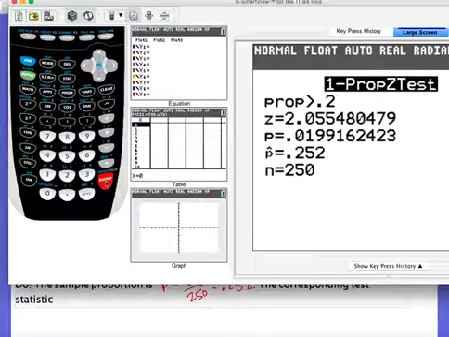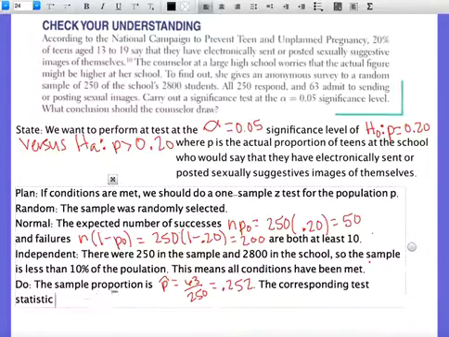So when we do that, we see that our Z is equal to 2.055. Actually, let's do 2.06.